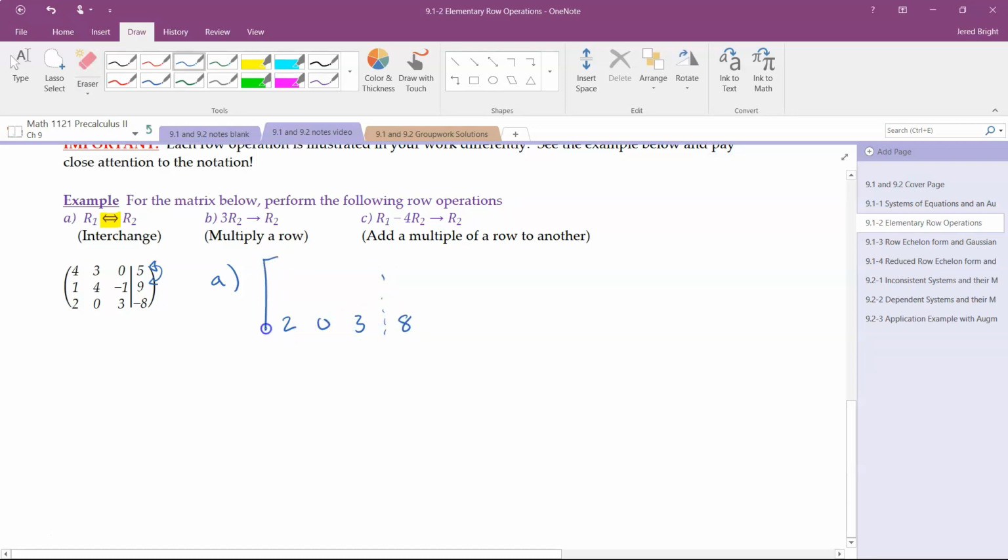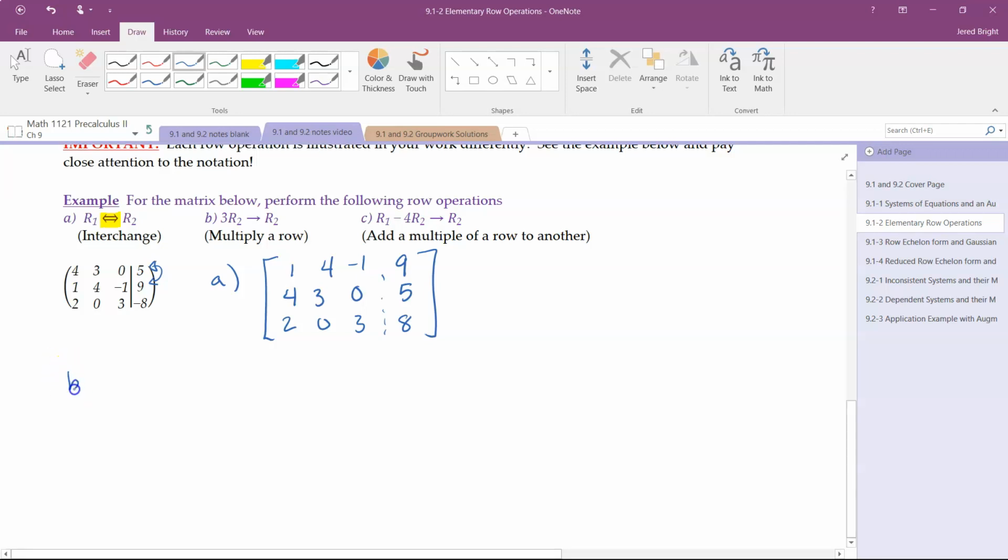I'm going to use a bracket because that's what the book uses. I'm going to switch rows 1 and 2. So row 1 is now 1, 4, -1, 9. And the second row is 4, 3, 0, 5. That's all there is to performing this single row operation.